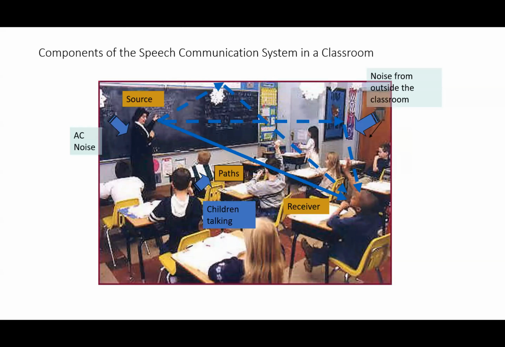When we look at the different components of speech communication in a classroom, our source is typically our teacher. Our receivers are our students, and the direct path of sound from the source to the receiver is shown here in the solid line.